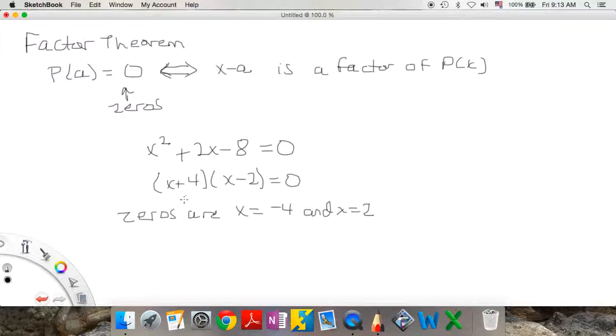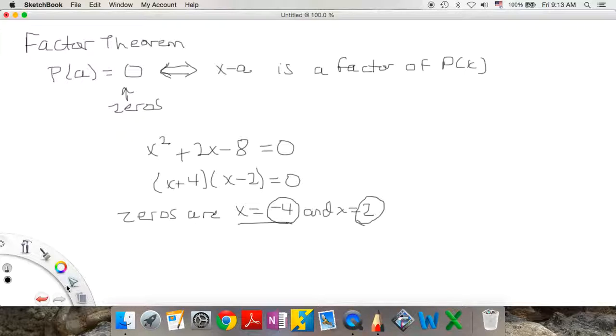So this is one of the a values, and this is the other a value. So x minus this a value and x minus this a value, those are factors of this because it leads to zeros. So your zeros will help you find your factors.